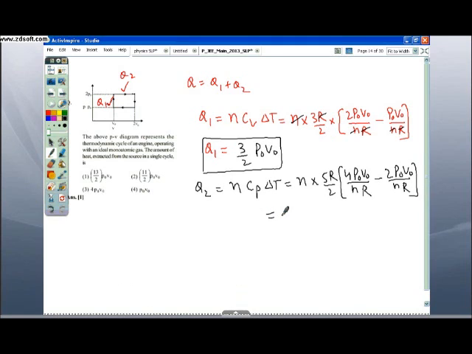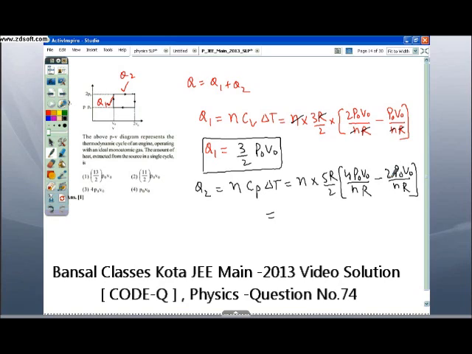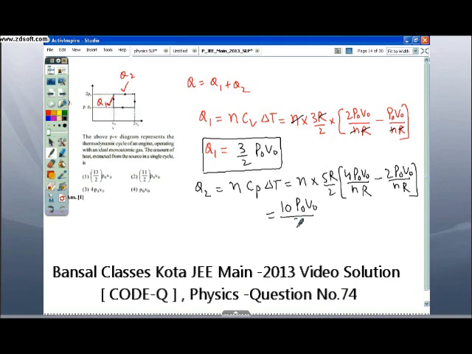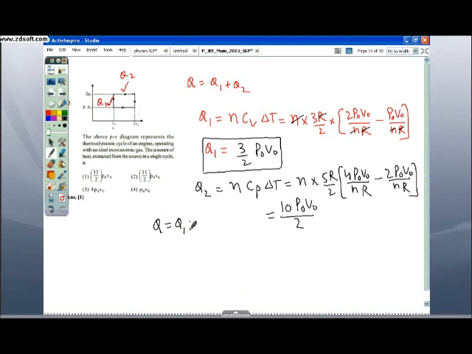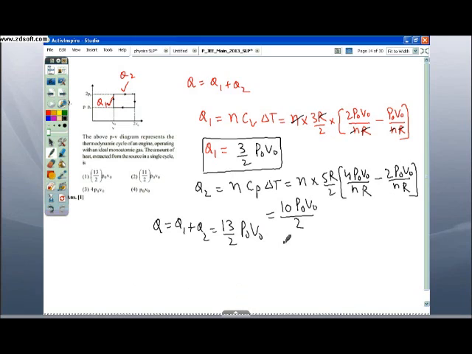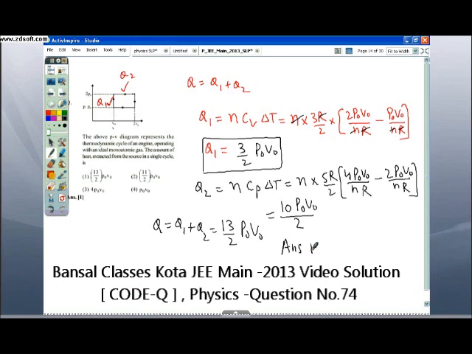This comes out to be 4 P naught V naught by nR minus 2 P naught V naught by nR, which is 2 P naught V naught by nR. So Q2 is 5 P naught V naught. If we add Q1 and Q2, Q equal to Q1 plus Q2, this comes out to be 13 by 2 P naught V naught. And the correct answer is the first.